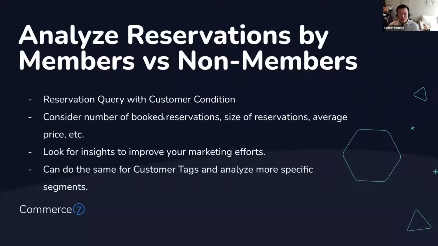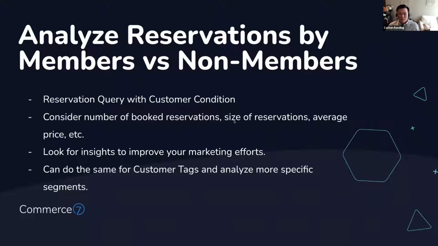You can consider the number of reservations booked by a certain customer segment, the size of the reservations, how many guests they're inviting and bringing along, average price, things like that. These are all great analyses that you can extrapolate from this query. Based on the findings, you can find insights that can help improve your marketing efforts.